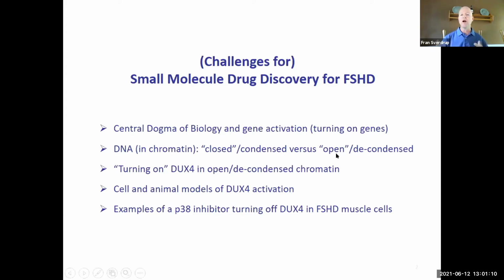Open being a hallmark of FSHD. What was noticed, one of the first things, is that the DNA around D4Z4 repeats becomes decondensed, at least partway. And then once you have open or decondensed chromatin, how do you actually turn on DUX4? I'll touch on the cell and animal models that we need to test drugs, and an example of a p38 inhibitor turning off DUX4 in FSHD muscle cells and in an animal model.